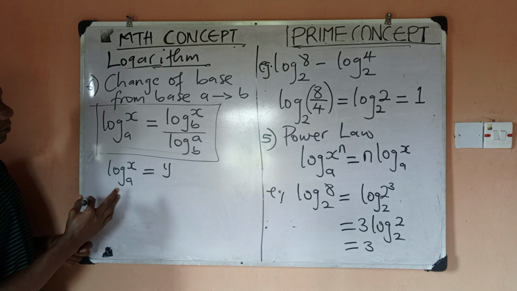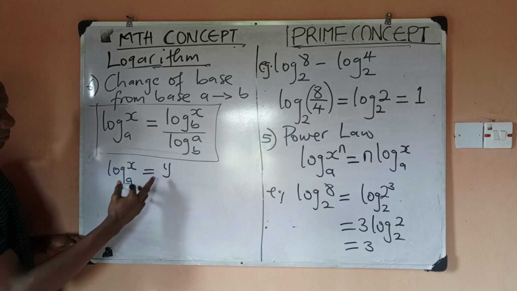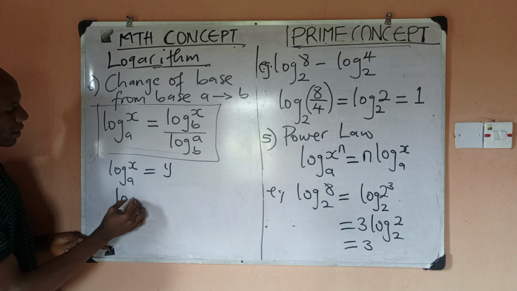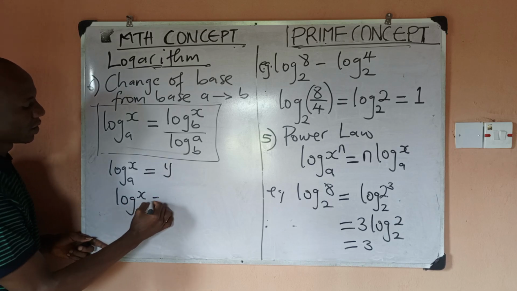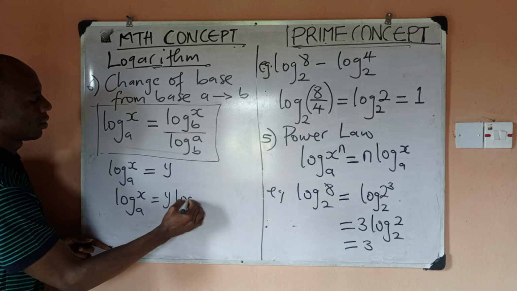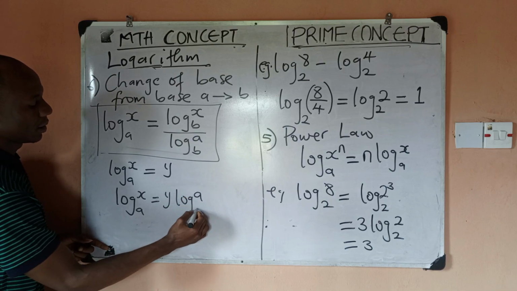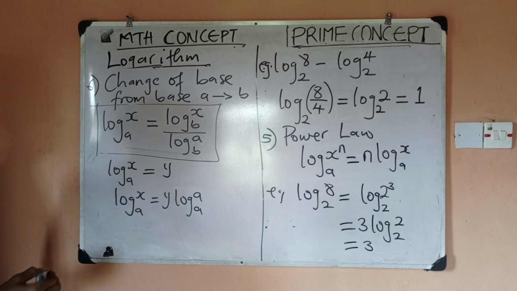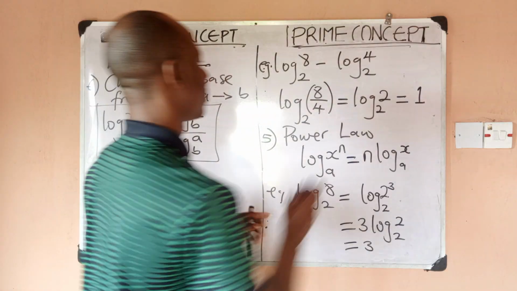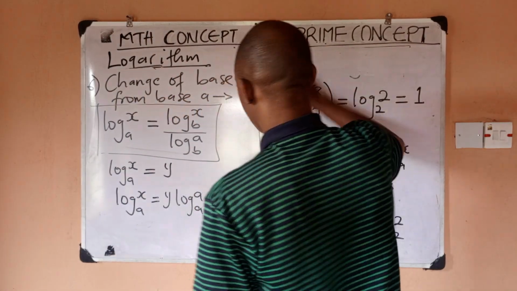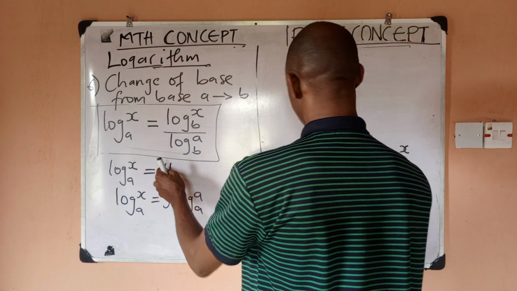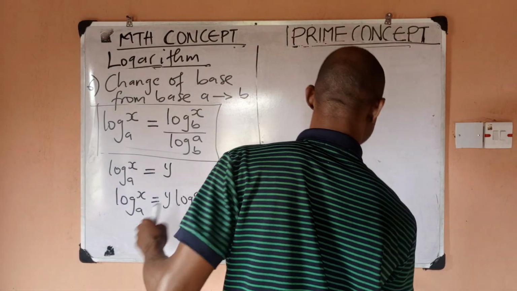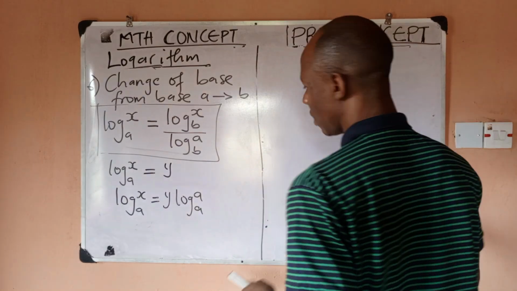Now quickly, you would notice that I can write this as log x to base A, which is equal to y log A base A, right? Yes, now why is this true? That is true because log A to base A is 1. 1 times y is still going to give me back y. So have I changed anything there? Of course not, I have not.